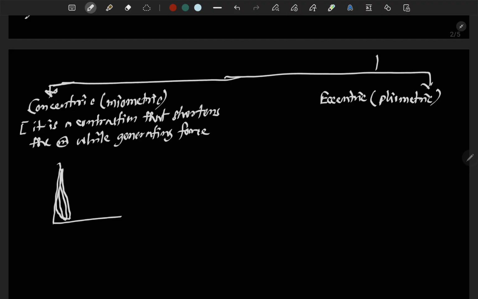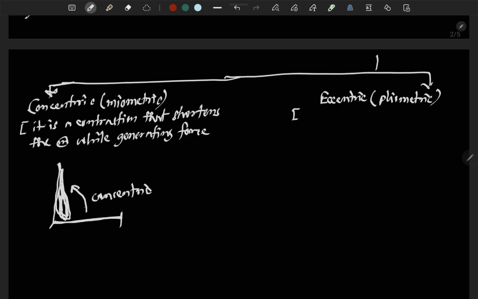Okay, the biceps is contracting, bringing the elbow towards the shoulder. This is the concentric contraction. Okay, this is the wrist, this is the elbow, the biceps muscle is in concentric contraction. What is eccentric contraction?